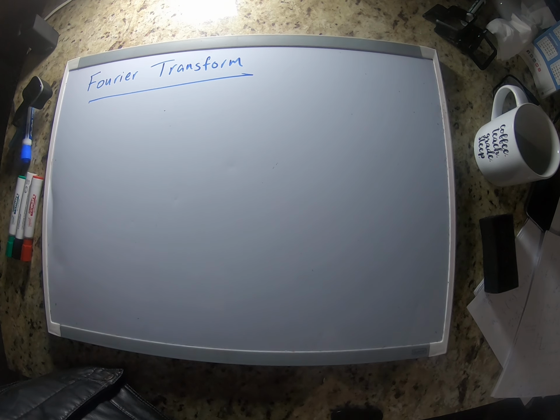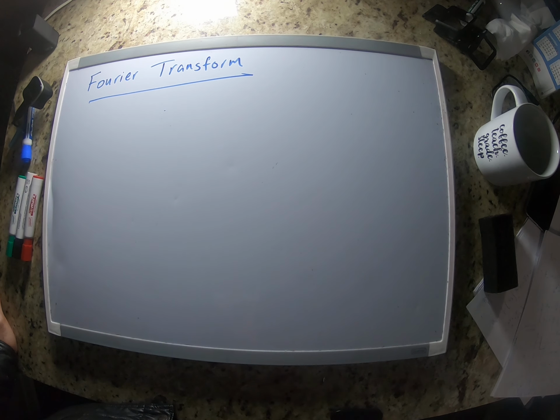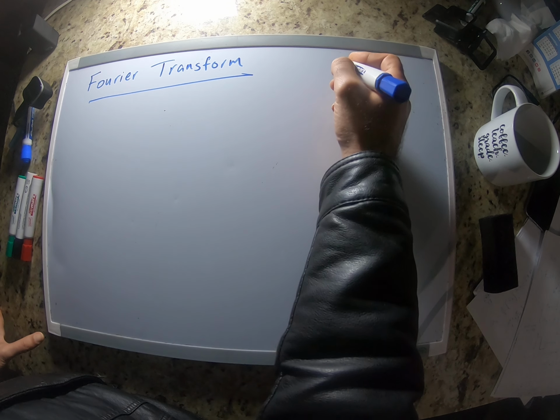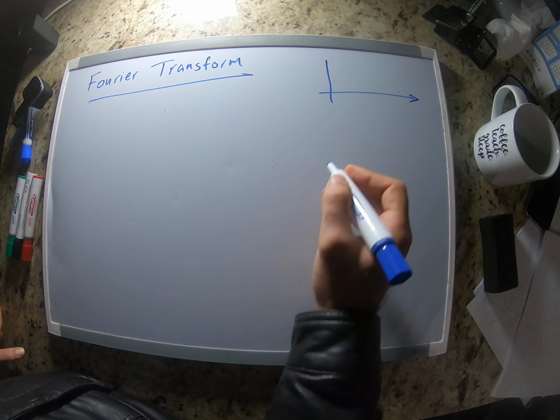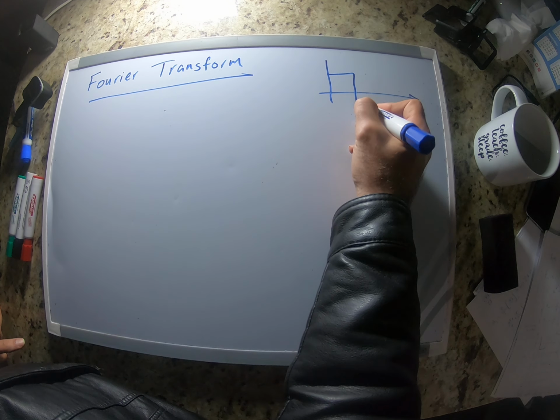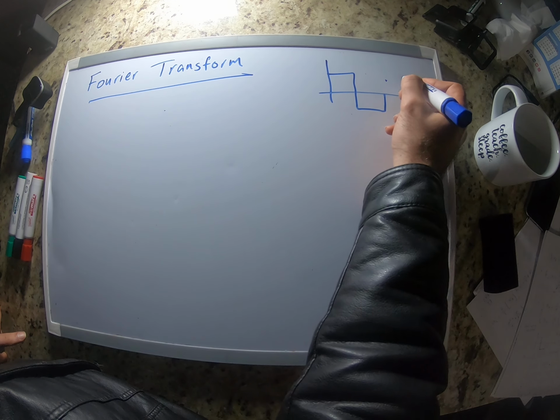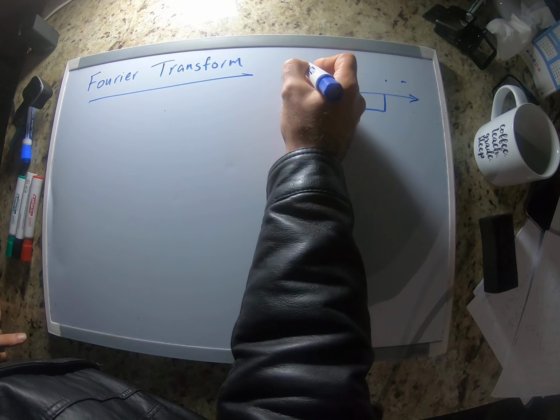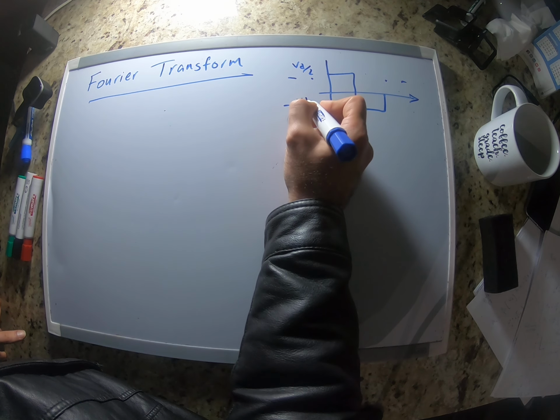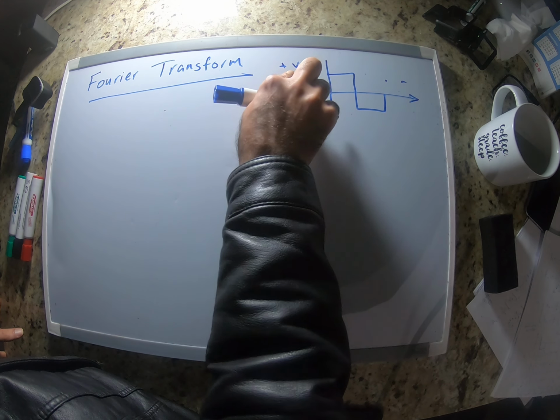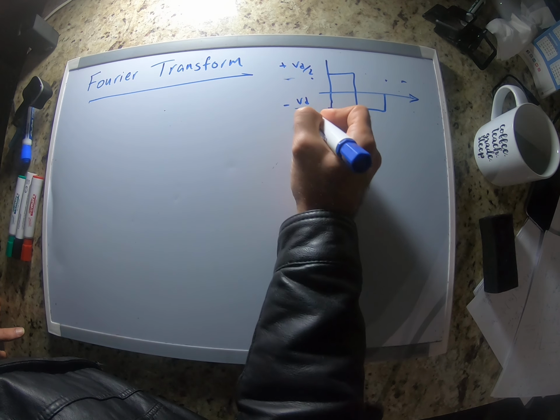So I mentioned the half wave inverter and full wave inverter, and Vd over 2, negative Vd over 2. This is positive, negative Vd over 2.